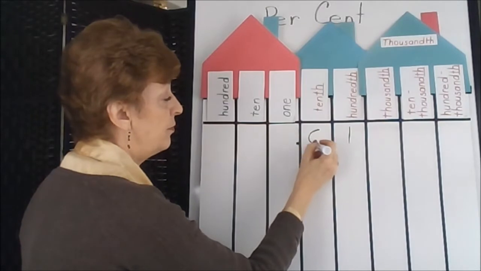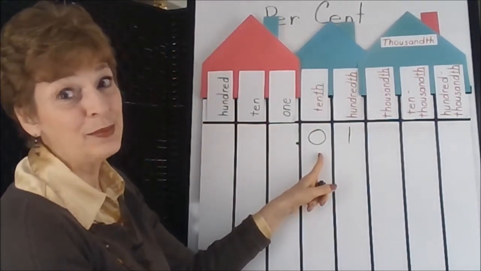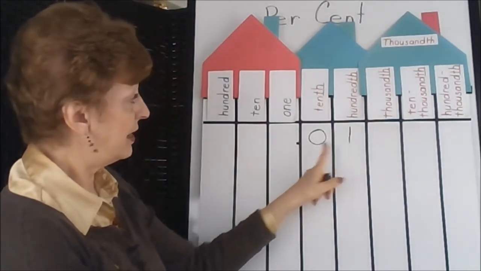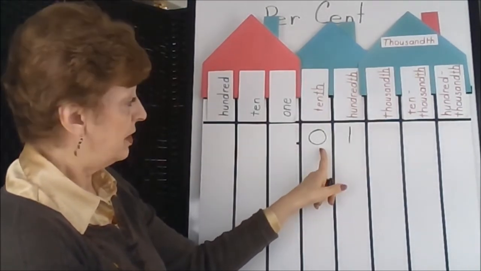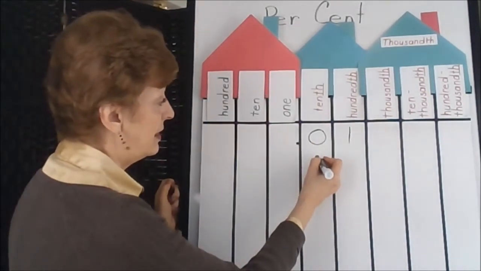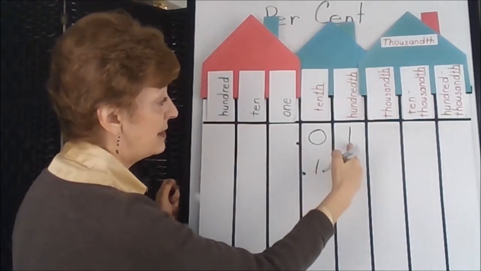If we were to write this as a decimal, I'm going to bring my decimal point down a little bit, it would be filling up this column, the tenths column, because that's really where the dime belongs, because it is 10 pennies, or it would be 10 hundredths if we said it like this. This is the dime. That's the penny.